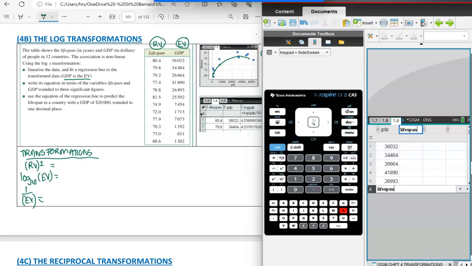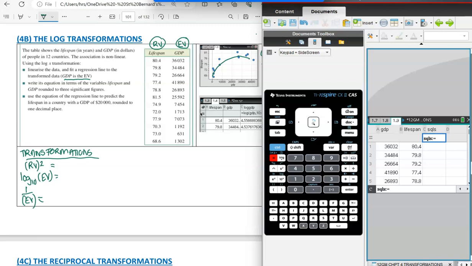My first transformation is going to be the response variable squared. That is lifespan, so I might call it square lifespan. I'm just giving it a name so you can understand. Underneath, I'm going to press equals.